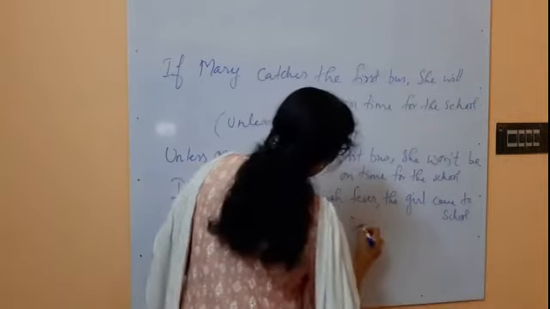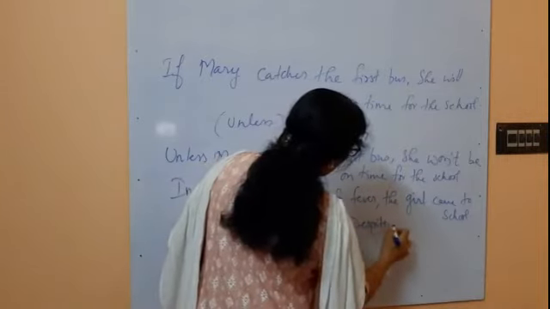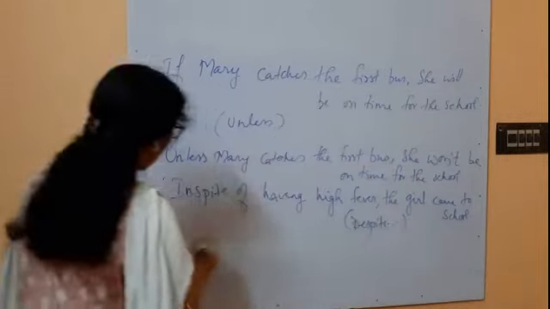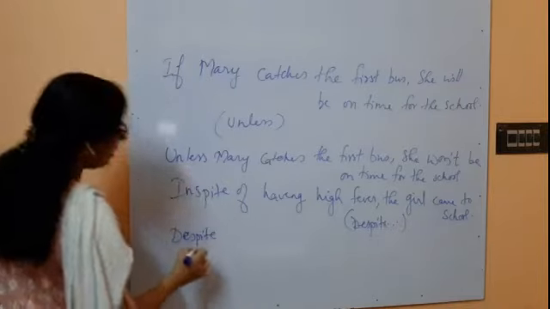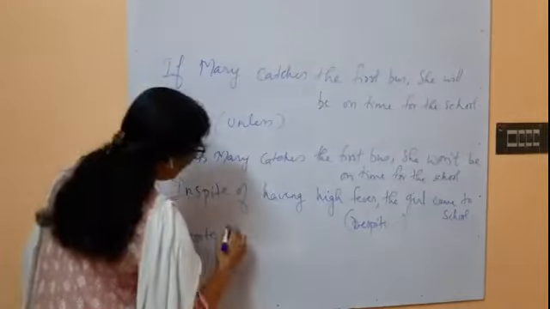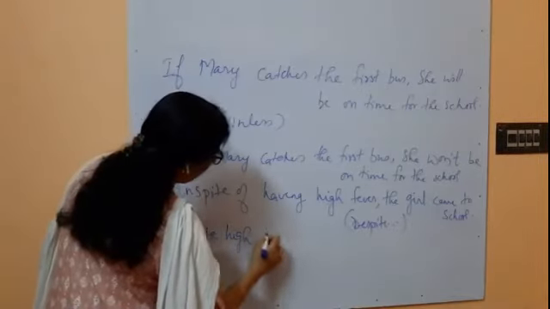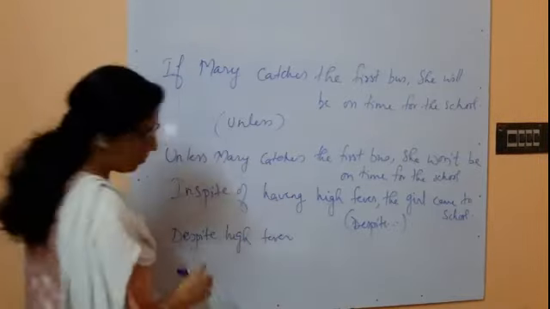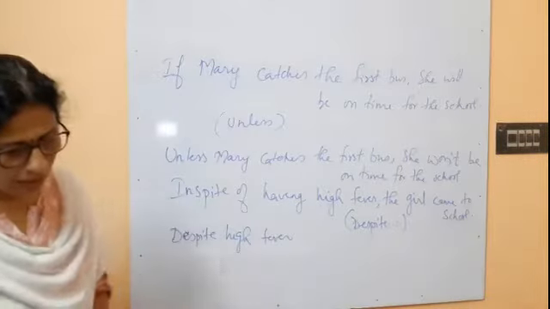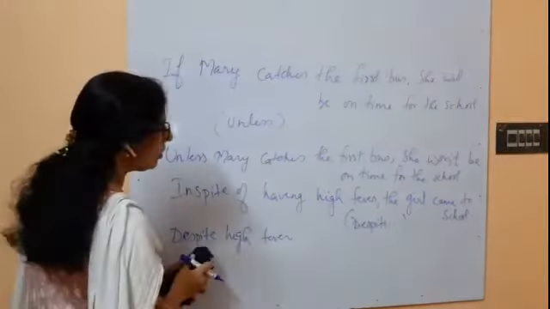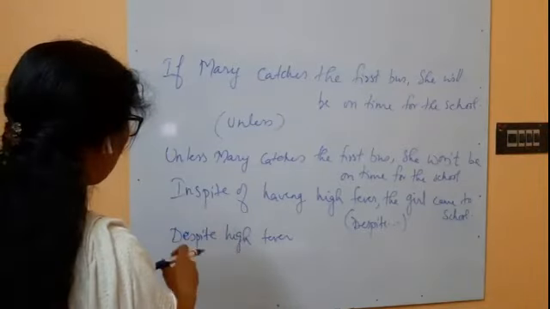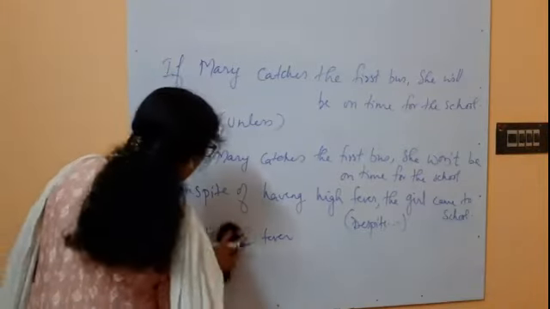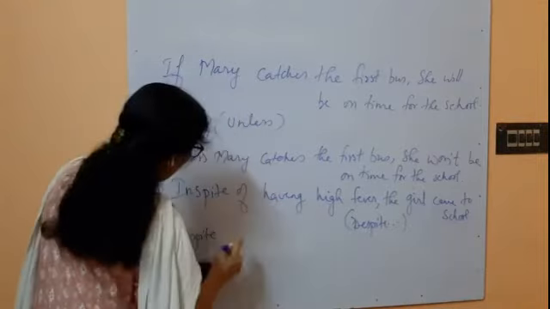Okay, in spite of will be replaced with despite. So how will you write? Will you write "despite of having high fever"? No, "despite high fever, the girl came to school". Or despite having, okay?